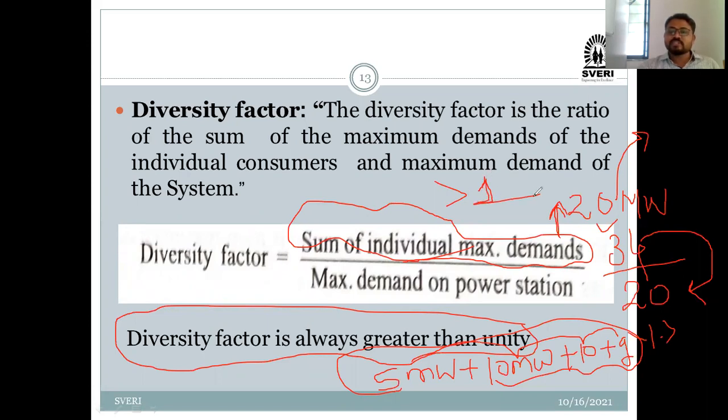My diversity factor is always greater than 1.